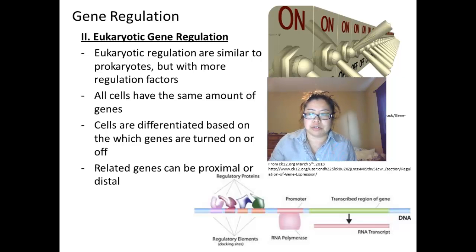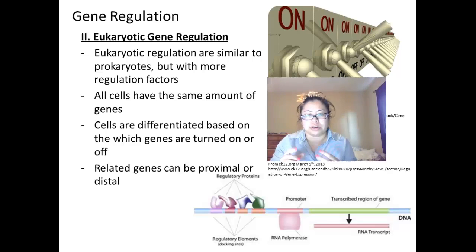Now, when you have gene regulation, related genes can be proximal or distal. When you're making a protein in prokaryotic cells, the genes are close together. Most proteins are not made from just one sequence of genes. Most proteins are built by a composite of many different pieces put together to make one functioning protein.